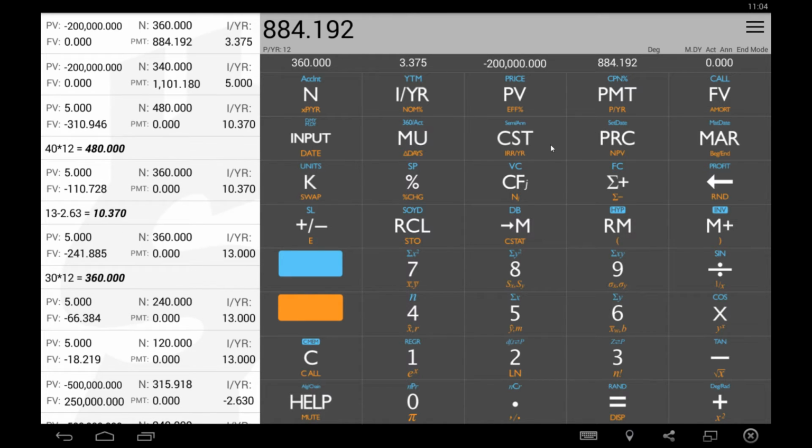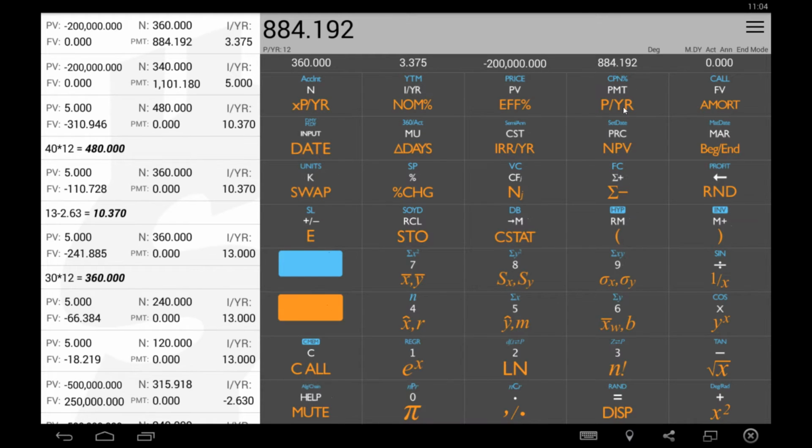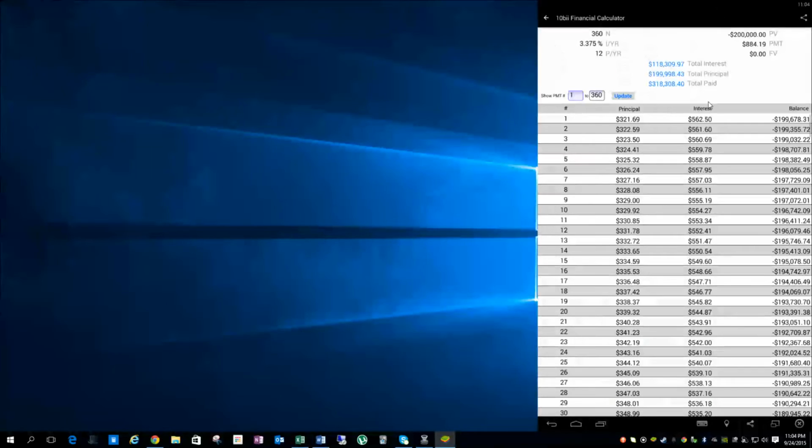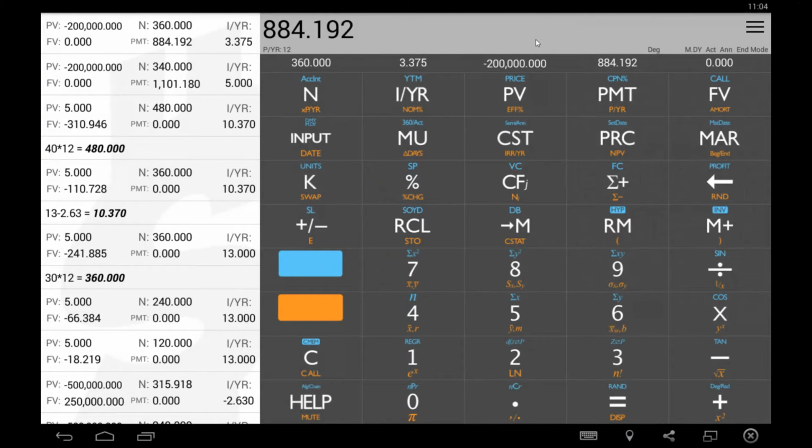Our payment is now only $884. How much is that in total interest? $118,000. 118 and change. That's a difference of $63,503. So in this case, I'd say it's pretty safe to refinance if I'm going to keep the loan over the entire duration.